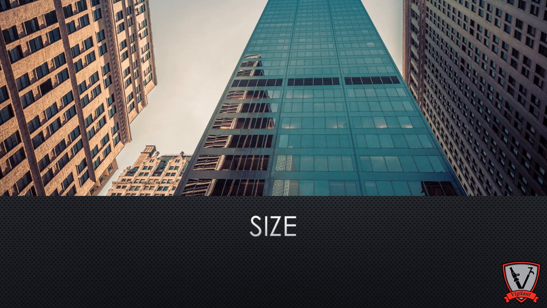So how do we know what area of the building is large compared to small? Your idea of large and my idea of large could be two completely separate things. However, I can walk into any single firehouse across America and tell them what a large building looks like inside of their response area.